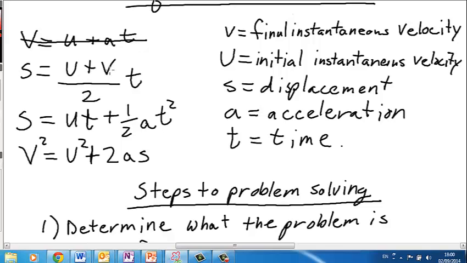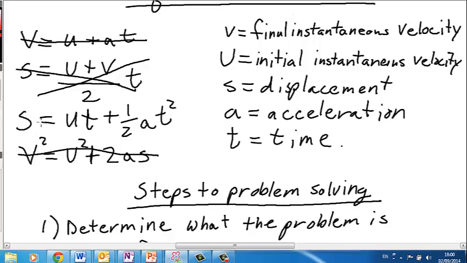The next equation still has the same problem. It requires me to know the final velocity of the car in order for me to find the answer. Also, it doesn't include acceleration, which is what we're looking for. The last equation has the same problem, that it requires us to know the final velocity, and we don't know that.